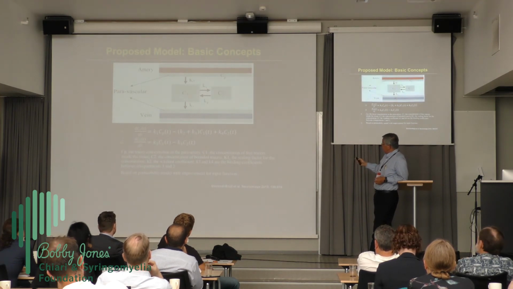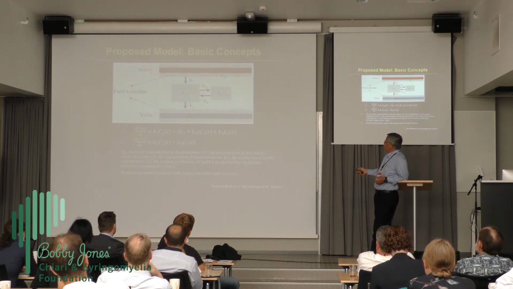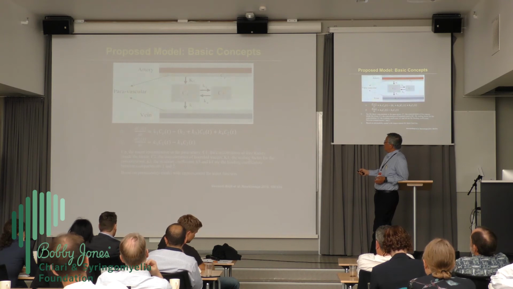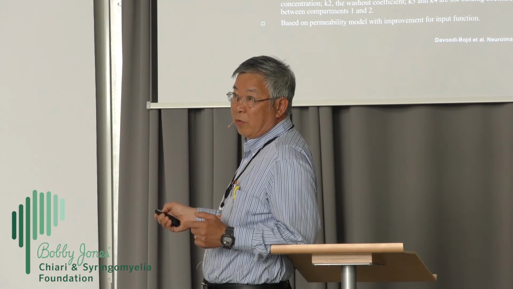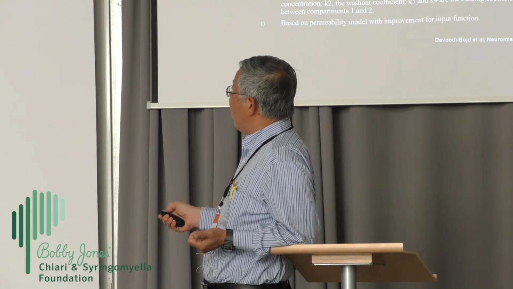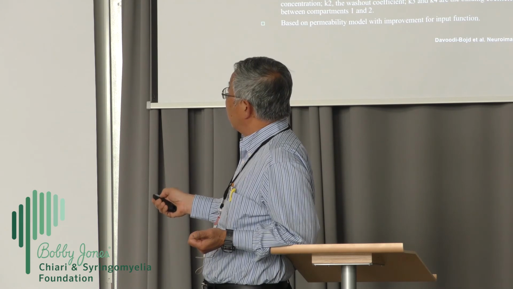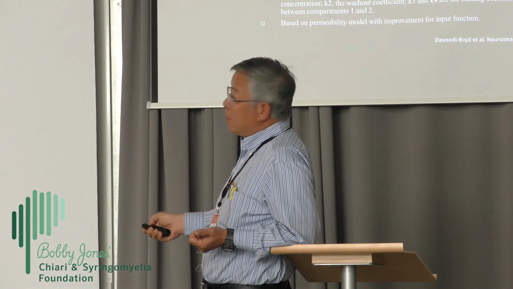We basically say the tracer goes from the peri-artery into the parenchyma. In the parenchyma, you have two compartments. One is a free tracer, one is a binding tracer. And then from the brain, you move out from this part.